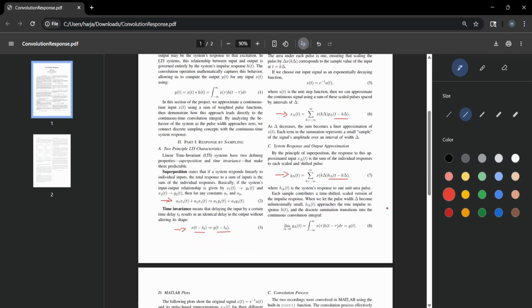Finally, we can take a limit as delta approaches 0 of y delta of t. As we make delta smaller and smaller, the pulses become infinitesimally thin, and the amount of samples becomes larger, giving us a more accurate summation of y delta of t. This sum then turns into the continuous time convolution integral, which describes the output of any LTI system.